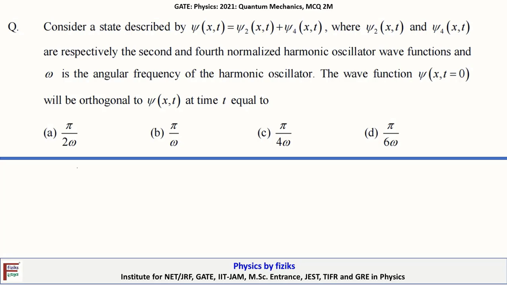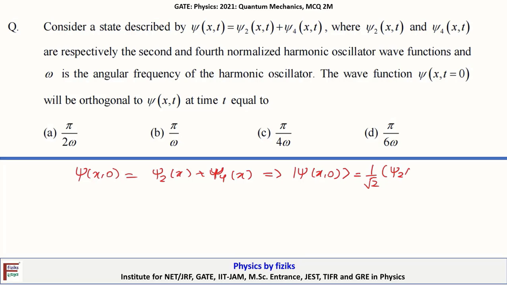At psi(x, 0) we would have psi 2x plus psi 4x, and the normalized wave function we can write like psi(x, 0) is nothing but 1 by root 2 of psi 2x plus psi 4x.